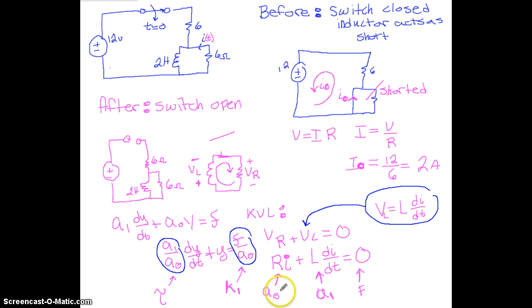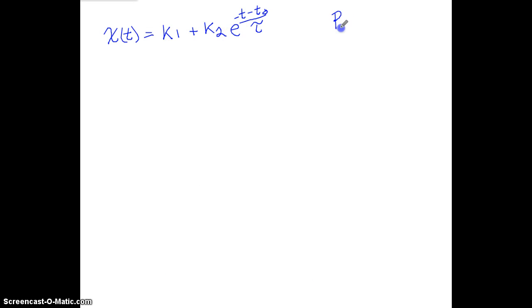Here, for our A0 we have the value of R, and for our A1 we have the value of L. And then we have tau is equal to A1 divided by A0, and our F was equal to 0. And our K1 is going to be equal to our F divided by our A0.